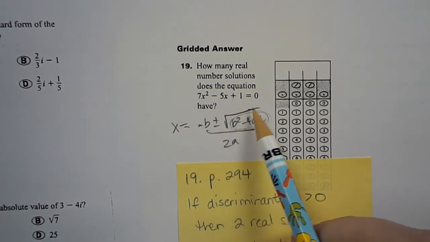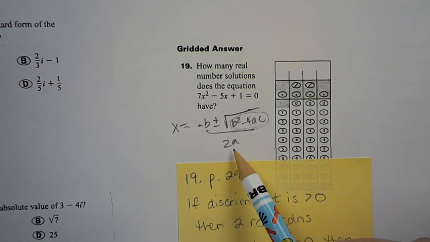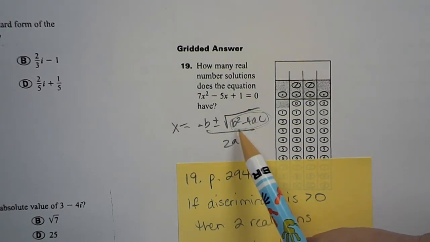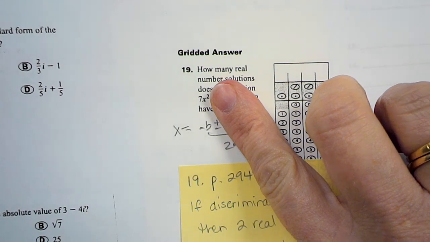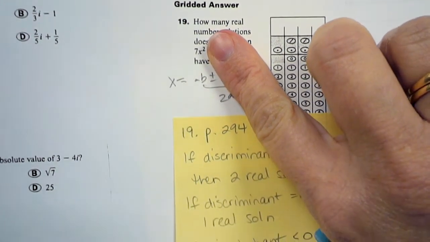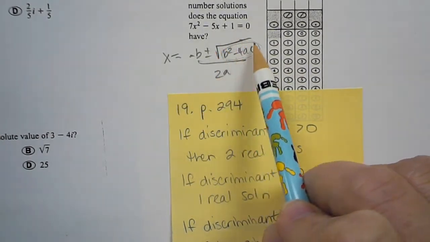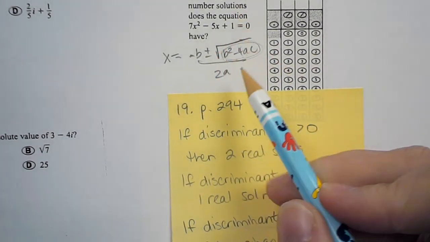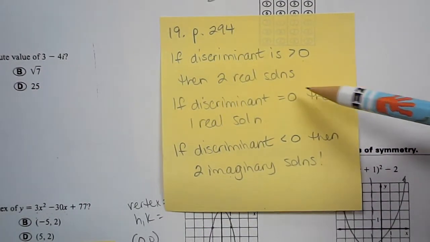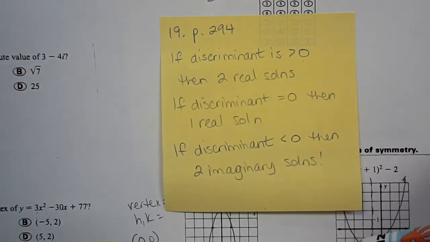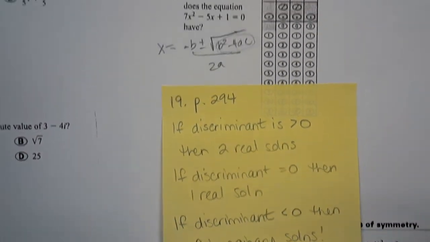If this is a positive number, well, then you're just going to get plus or minus a real number. If this is 0, well, then you don't even have a radical, and so you end up with a constant, so you have one real solution. If this is a negative number, well, you're going to have complex or imaginary solutions because of the fact that you have a negative under the radical. So these rules about discriminants just help you determine what kind of solutions you're going to have.